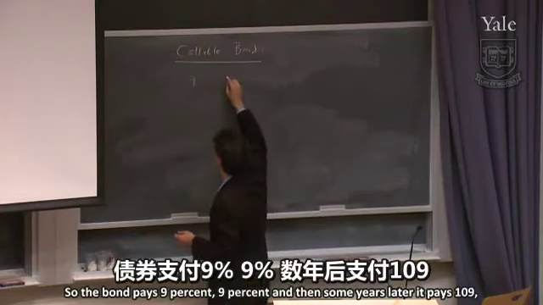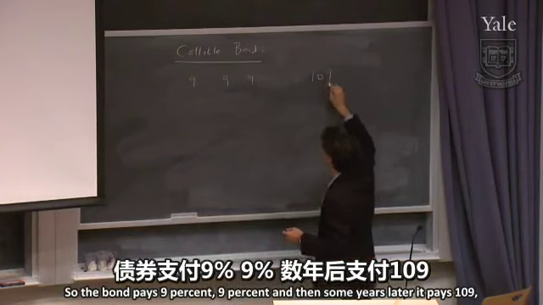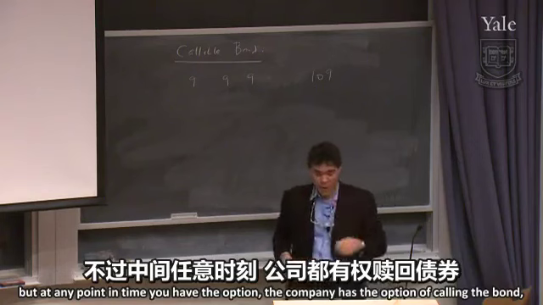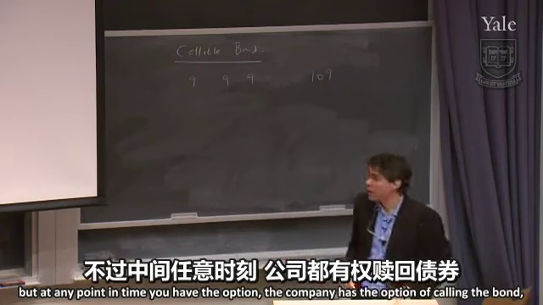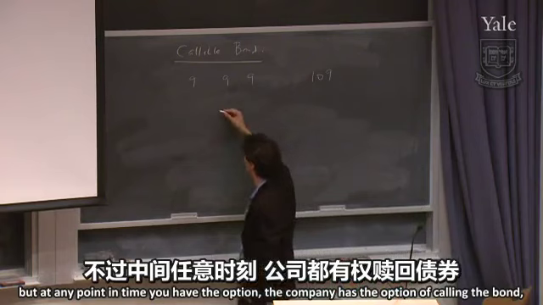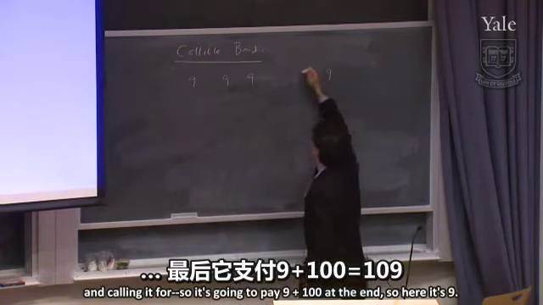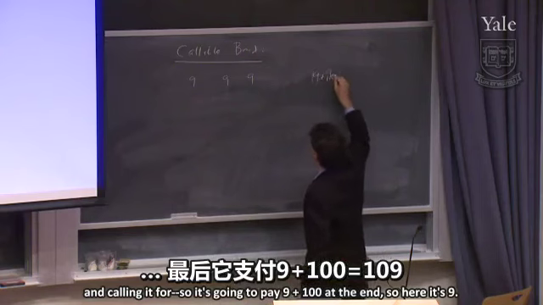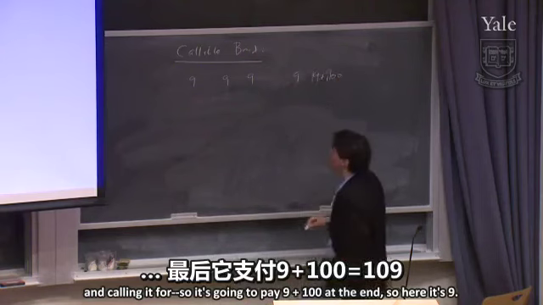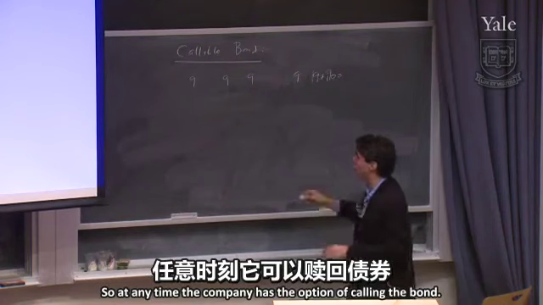So the bond pays 9%, 9%, and then some years later it pays 109. But at any point in time, the company has the option of calling the bond, so it's going to pay 9 plus 100 at the end. So here it's 9. So at any time, the company has the option of calling the bond.